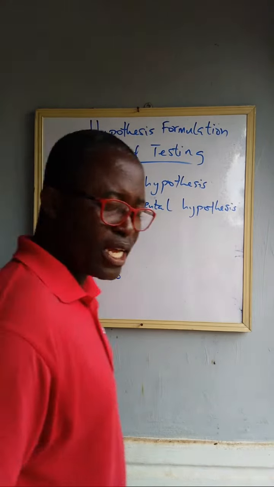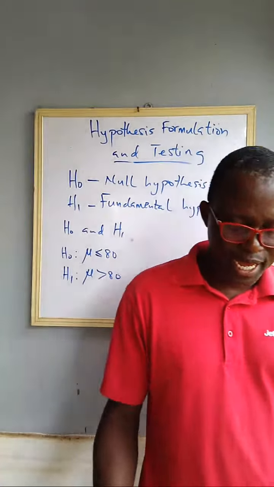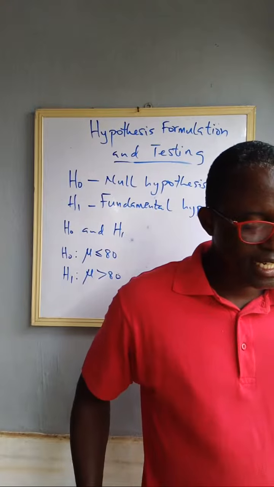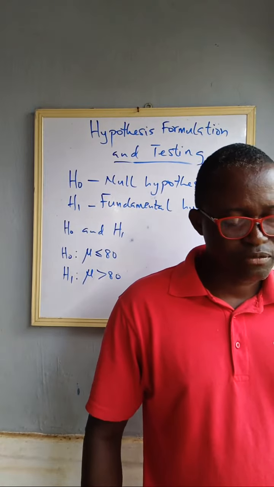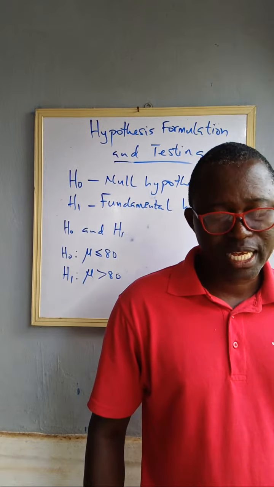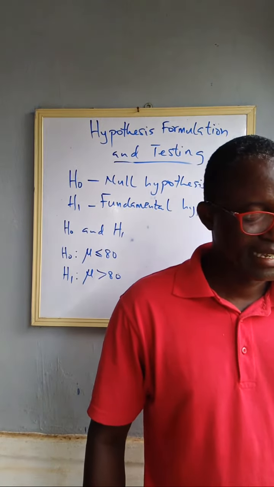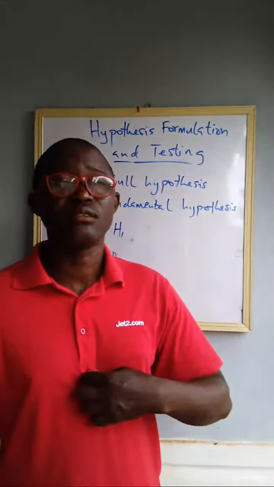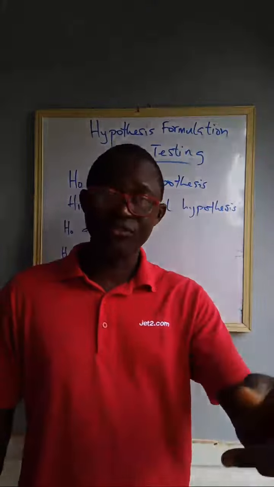All right, let's formulate another hypothesis. Let's use another example. Now, to test that the mean delivery time for a meat pie processing eatery is less than 15 minutes. That is what we are interested in, that the delivery time should be less than 15 minutes.